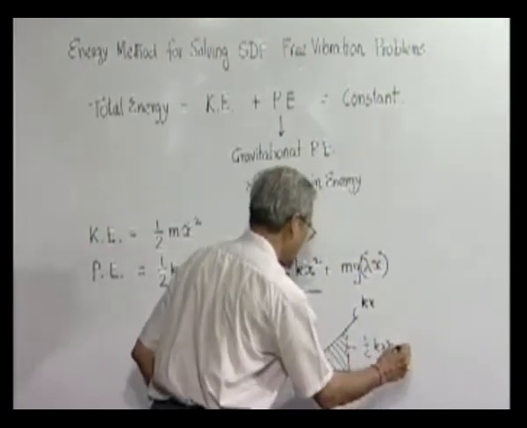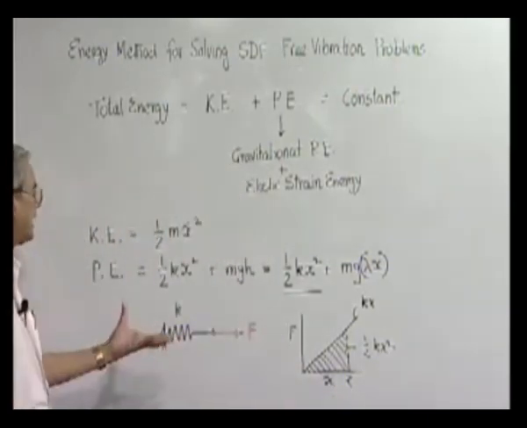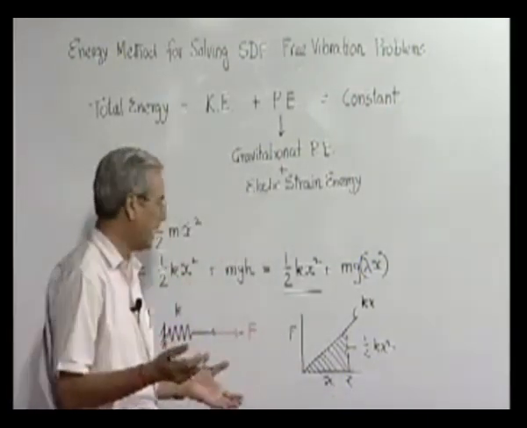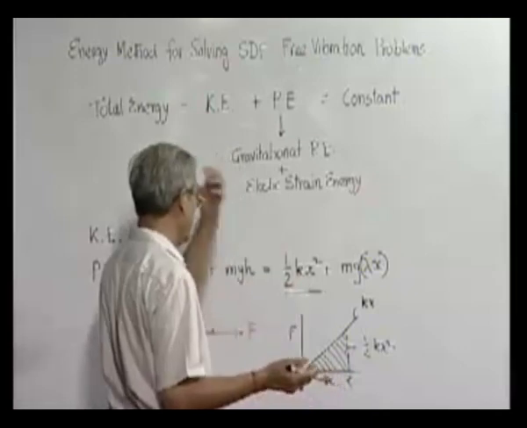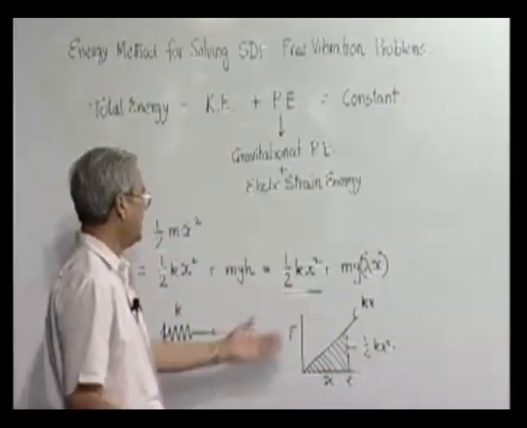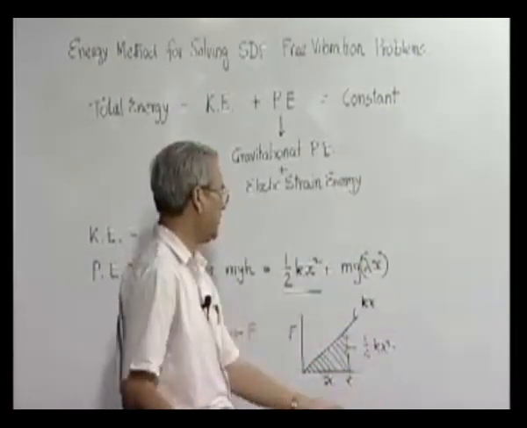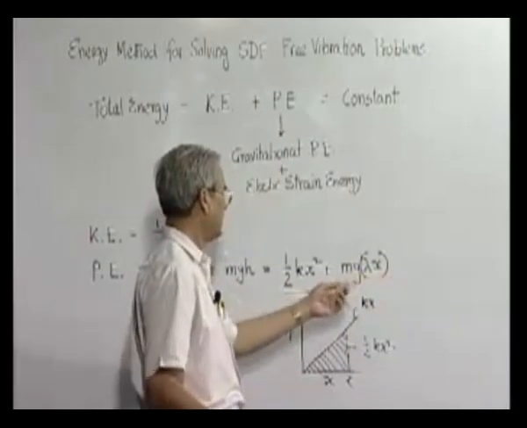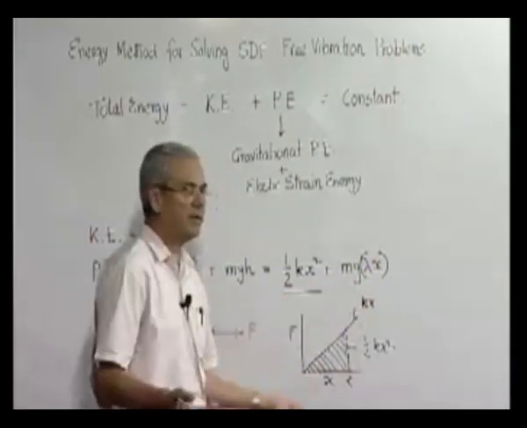This is known here. So the spring element will contain this much of strain energy, which is a potential energy, and if it changes its level, the mass, then this being the change in level, this will be the gravitational potential energy.